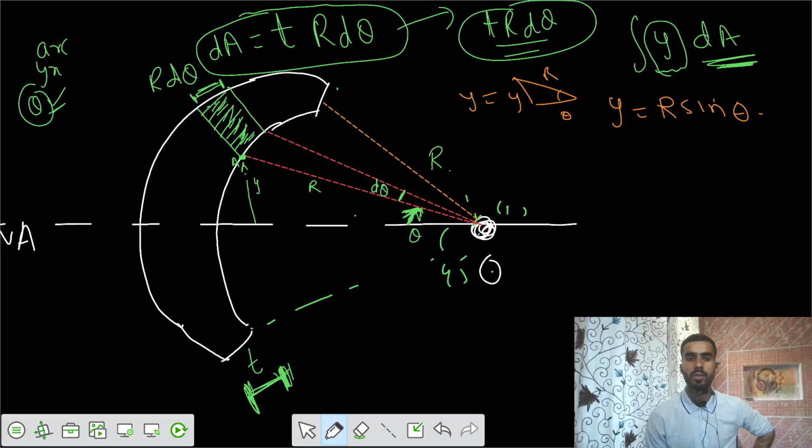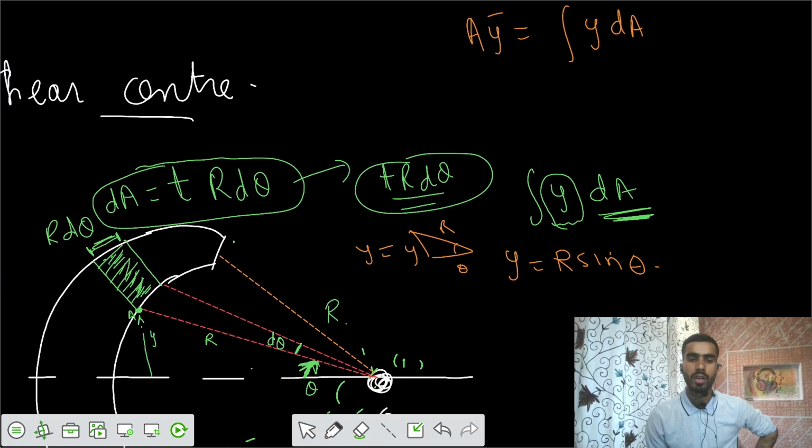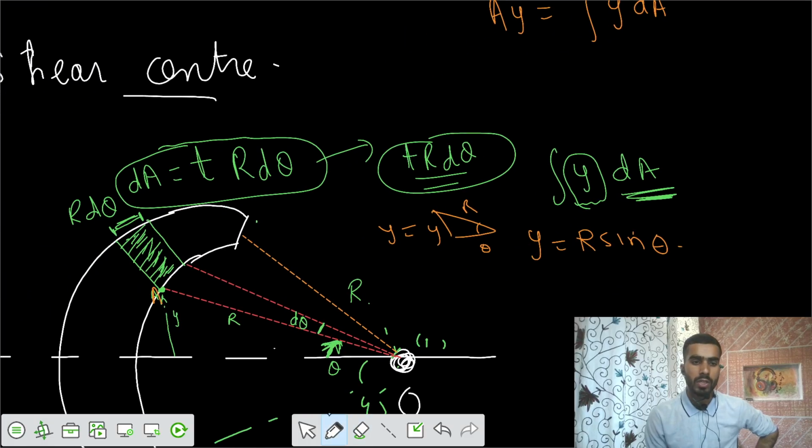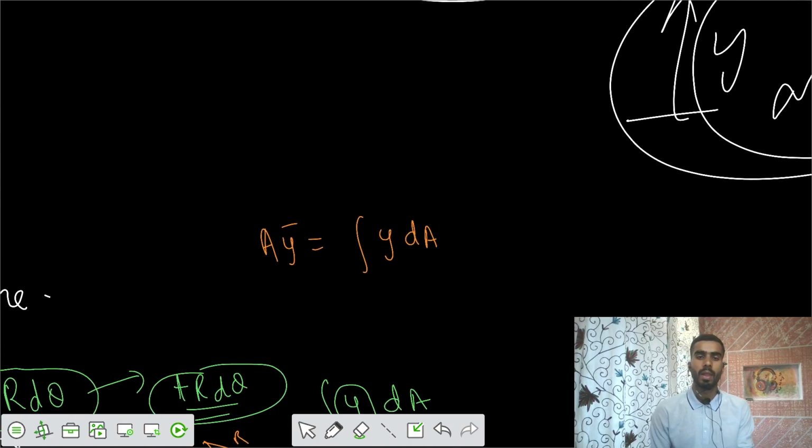So once we got these two values, we can say your first moment of area would be equal to the integral of y dA, and for the particular location of that point A, we have the limits from theta to the maximum. The maximum value it can go to is 45 degrees.